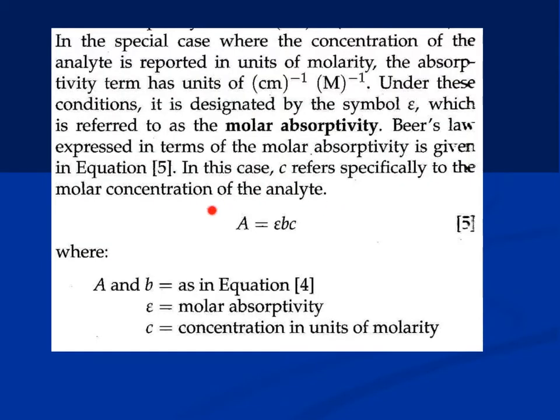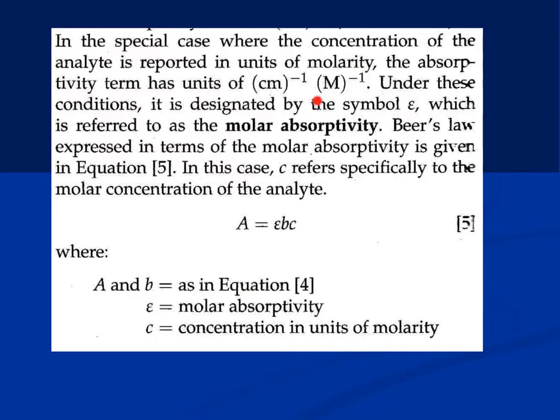Another way the formula is sometimes written uses the epsilon value, when the absorptivity is in centimeters inverse and mole inverse. Then the same A value which we saw before can be written as the epsilon value, which is molar absorptivity, and that's mainly what is used to compare apples to apples.